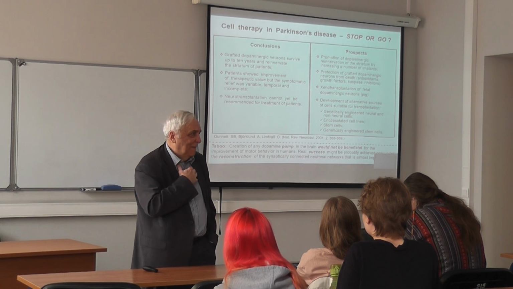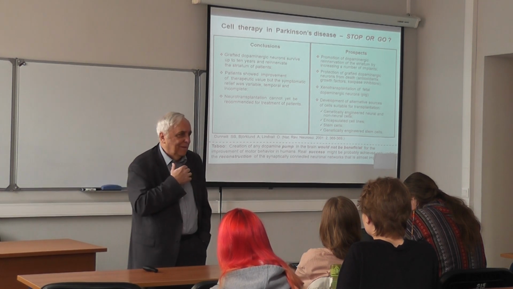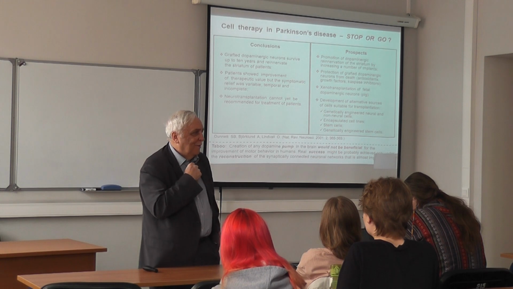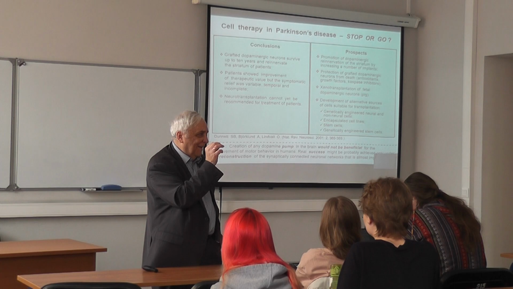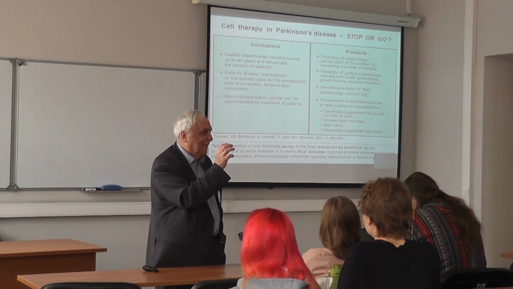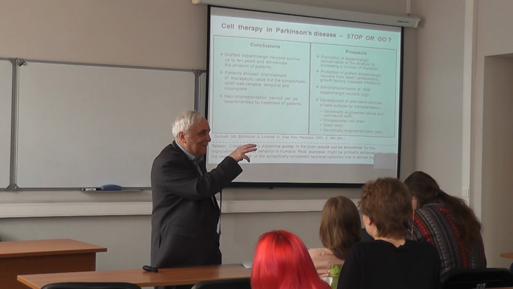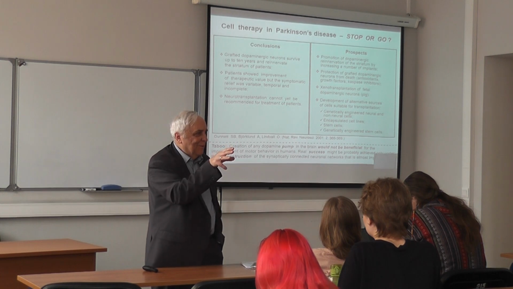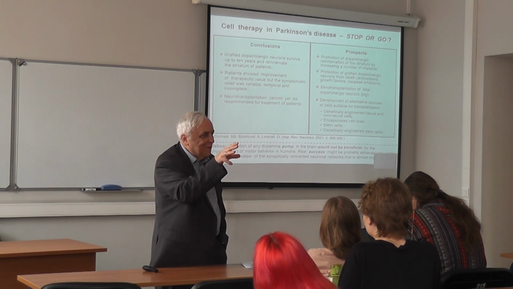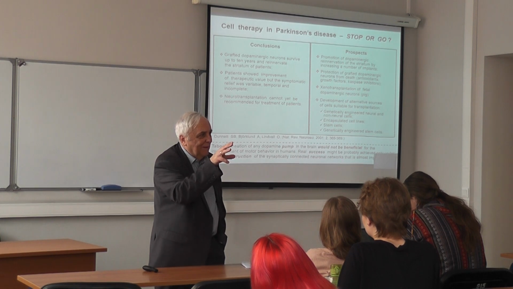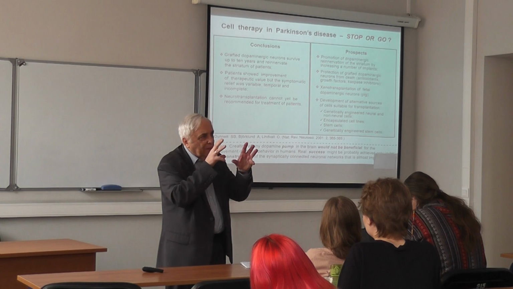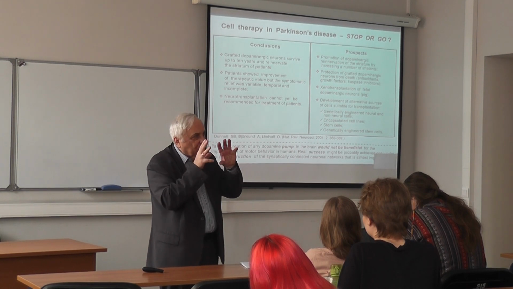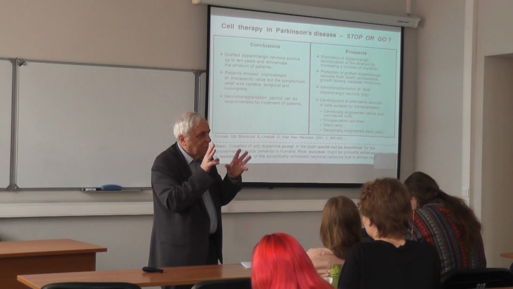And I believe that at least in the next 50 years, nobody will be able to reproduce these synaptic connections between one dopaminergic neuron and 20,000 other neurons. It is impossible, and I will give you a good example. We don't know how we could construct certain synaptic connections between neurons.